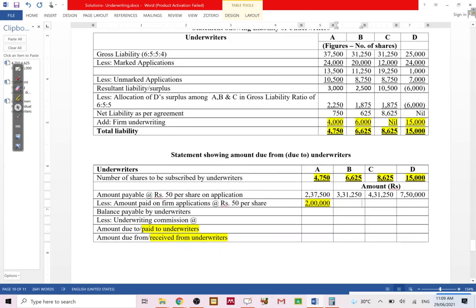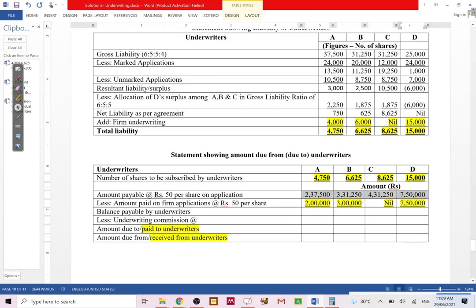Then how much will B pay on 6,000 firm underwriting into 50? B has to pay 3 lakh. Same way, C has not taken any firm underwriting shares. It's nil, so he doesn't have to pay anything. While D has taken 15,000, that into 50 again gives you 7,50,000.